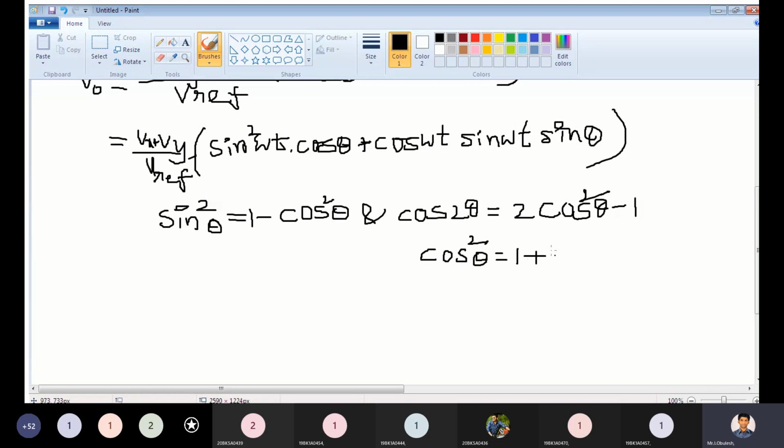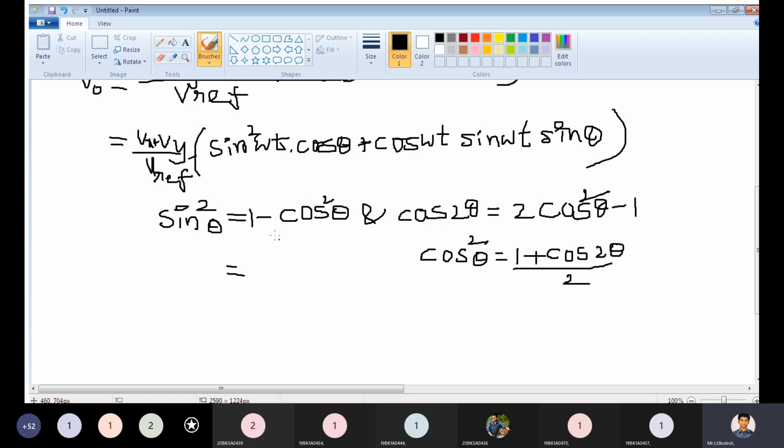So here we have a cos square theta value, right? Substitute that in the sin square theta.